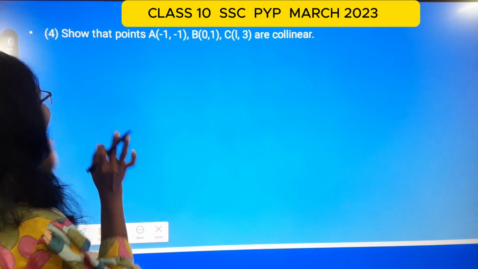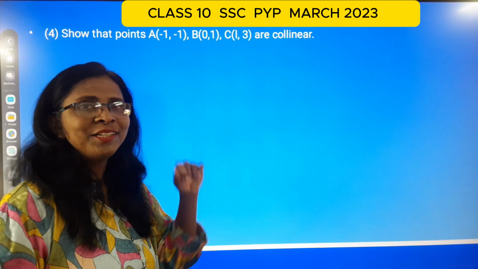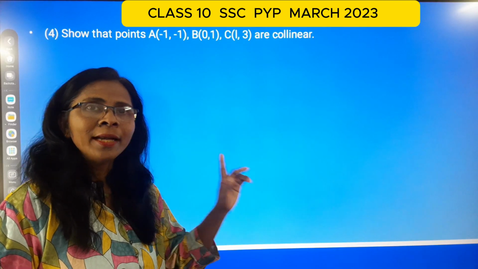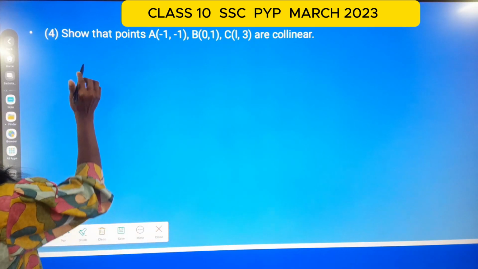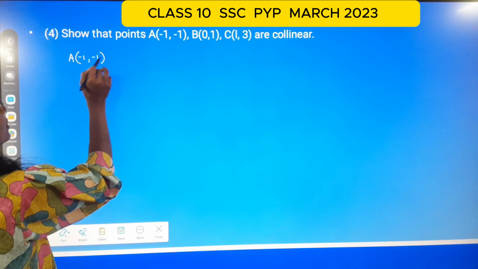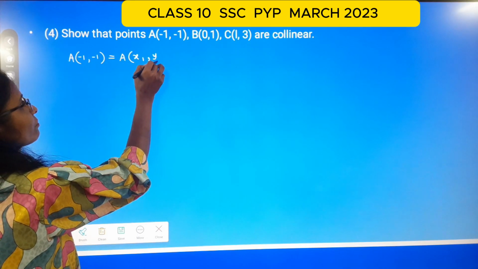So the slope of AB and the slope of BC should be equal. So here first I write A(-1, -1) and consider it as x1, y1.